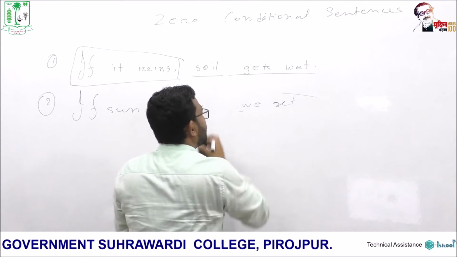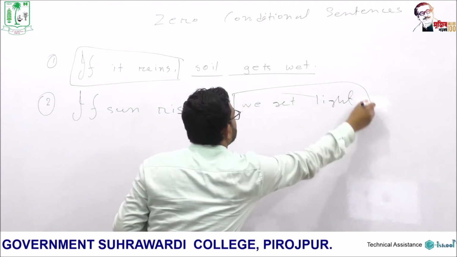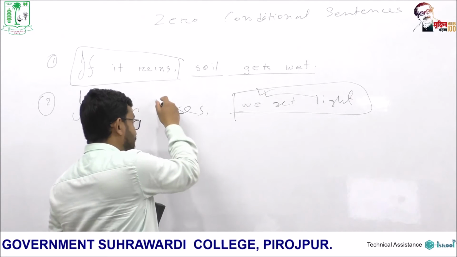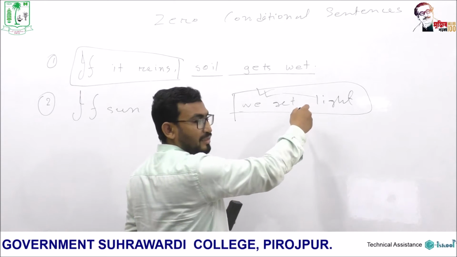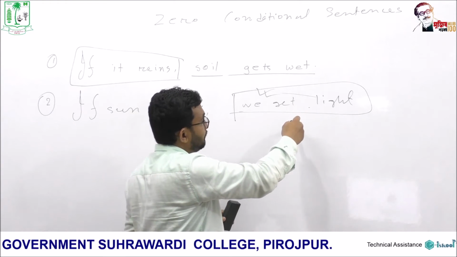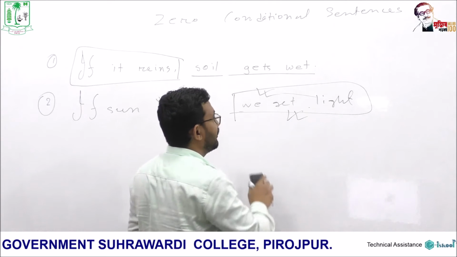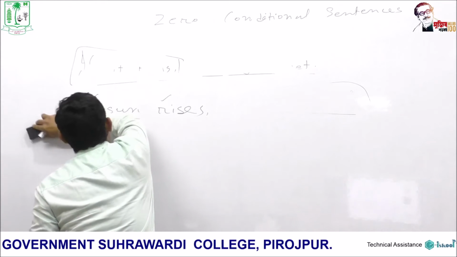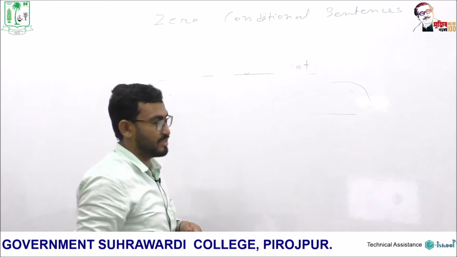Look at this clause. It is also written in present indefinite tense. The if clause is written in present indefinite tense, and the subordinate clause has also been written in present indefinite tense. This is the basic thing of writing sentences with zero conditional sentence.